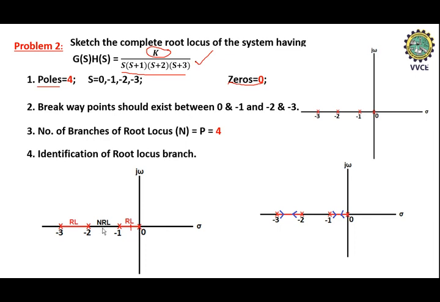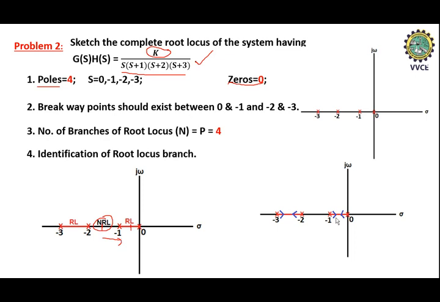Now consider one random point between -1 and -2. To the right side of this point, count the number of zeros and poles. There are two poles to the right side of this random point. Since 2 is not an odd number, you should not consider the complete branch as a root locus, so it is a non-root locus.